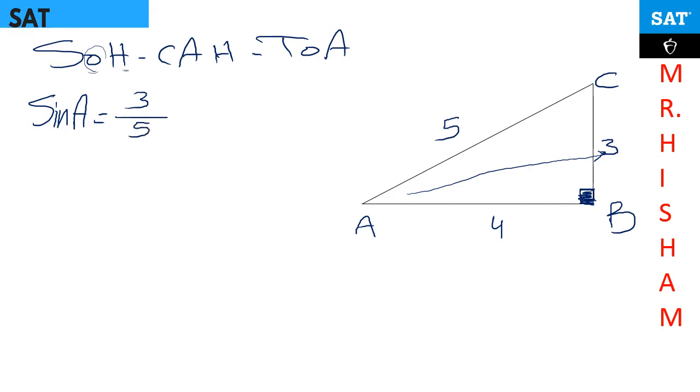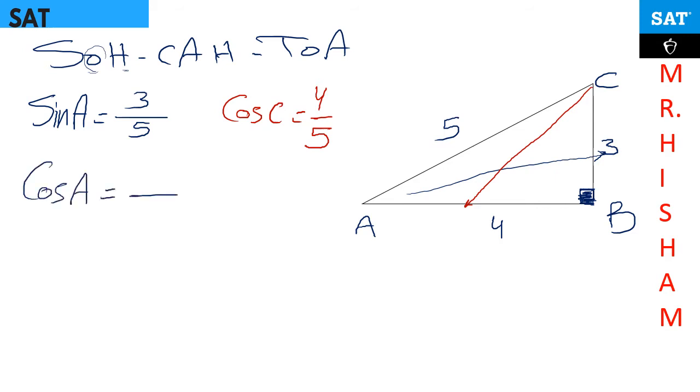Notice that if I am looking for sine C, the opposite of the angle C is 4, and the hypotenuse is 5. For the cosine of the angle A, it is adjacent over hypotenuse.